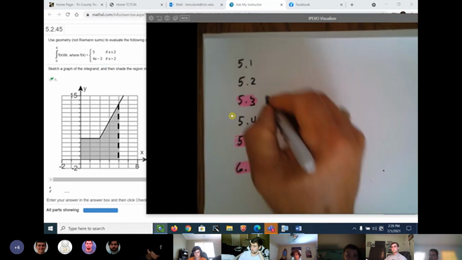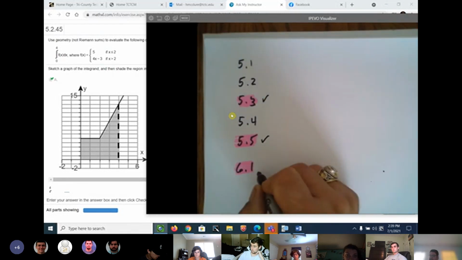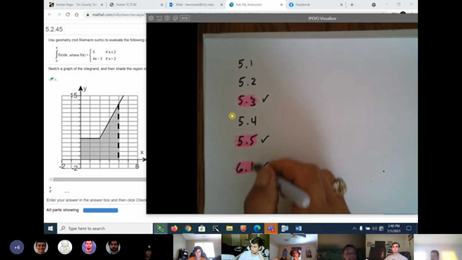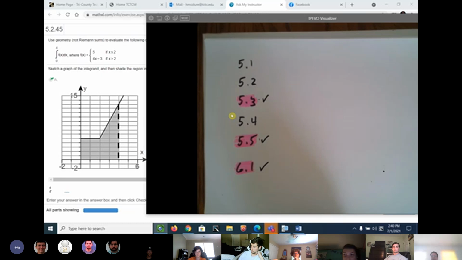These are the three things that you need to be able to stay in second calc. Notice I didn't say pass. I said to stay at the beginning of the semester. You need to know these three sections.